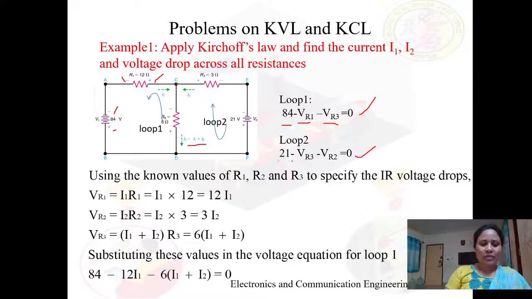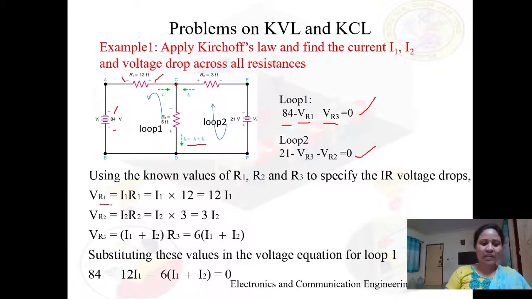So through resistor R1 current I1 flows, through resistor R2 current I2 flows, and through R3, I1 plus I2 current will be flowing.